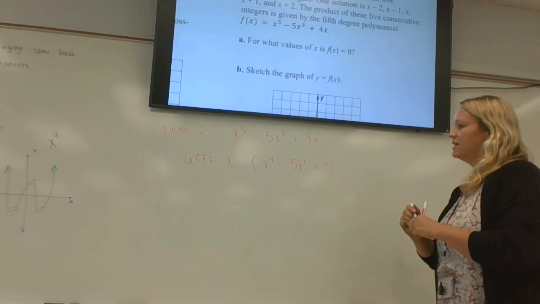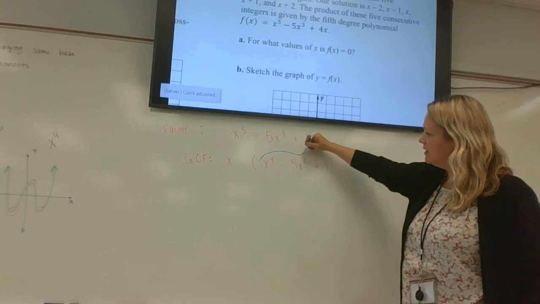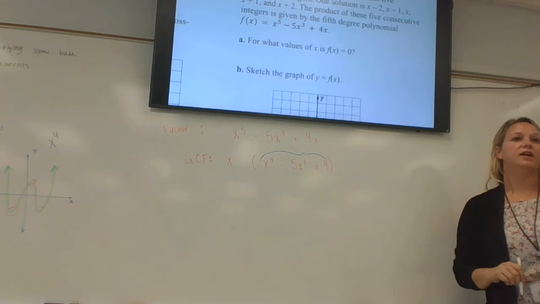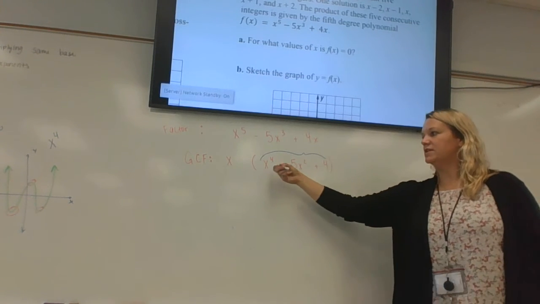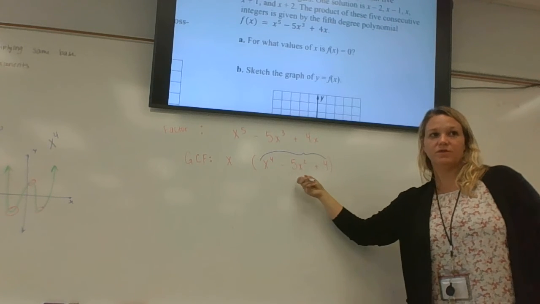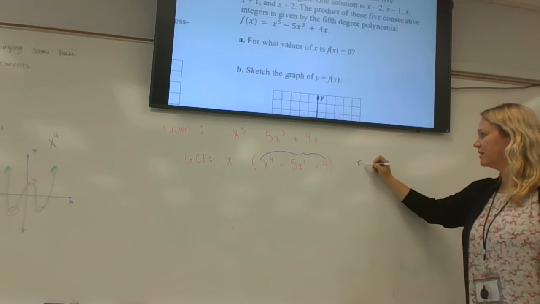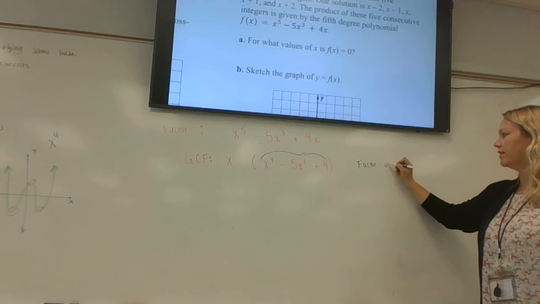So here, we're going to factor that just like it's a quadratic. It's called a quadratic form. If there's an even degree here, oftentimes you can factor it like a quadratic. So we're going to factor using a quadratic form.